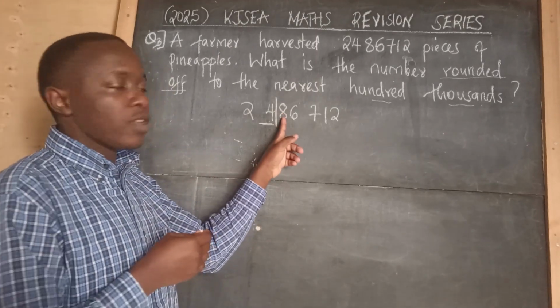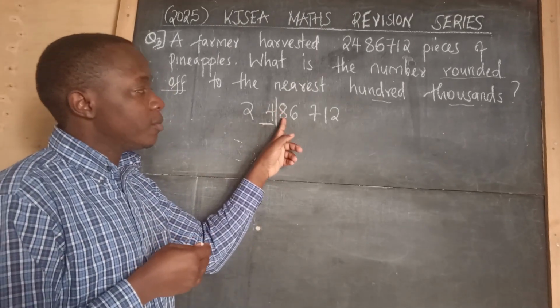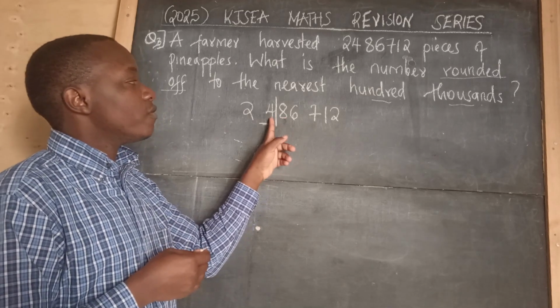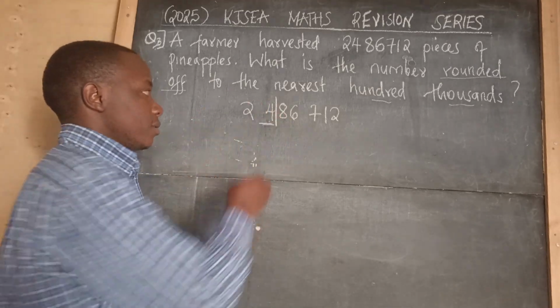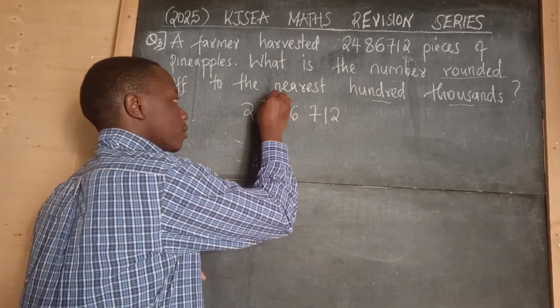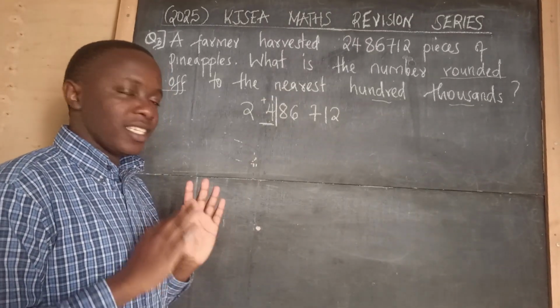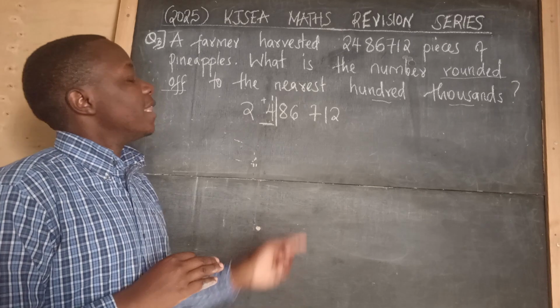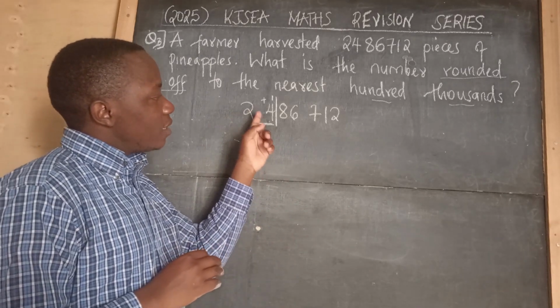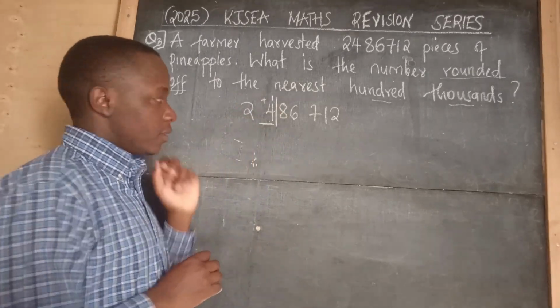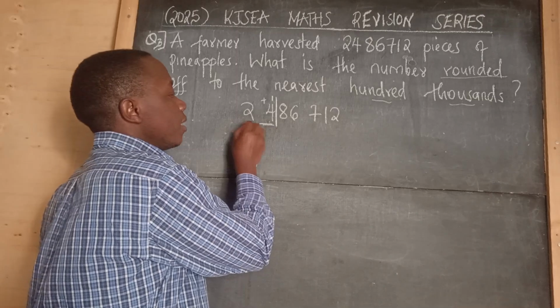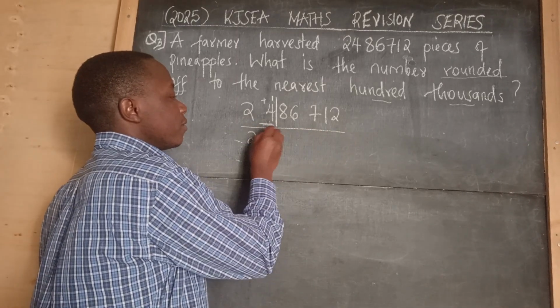So this 8 is more than 5. Because it is more than 5, we can now round off this number by adding 1 here. Not 2, not 10, 1. So after we add 24 to 1, we'll get 25.